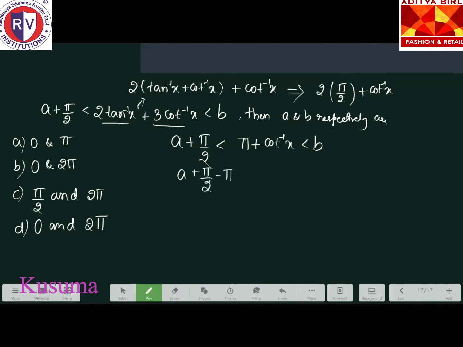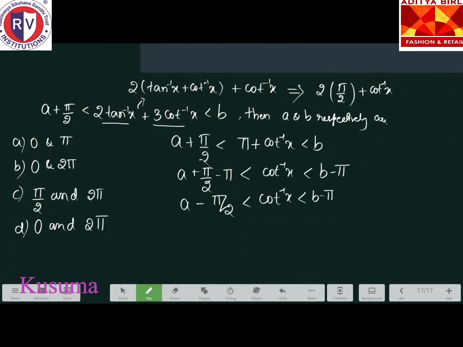A plus pi by 2 minus pi less than pi plus cot inverse x minus pi, is pi and pi gets cancelled and cot inverse x is left out. And here it will be b minus pi. So a plus pi by 2 minus pi will give us a minus pi by 2 less than cot inverse x less than b minus pi.